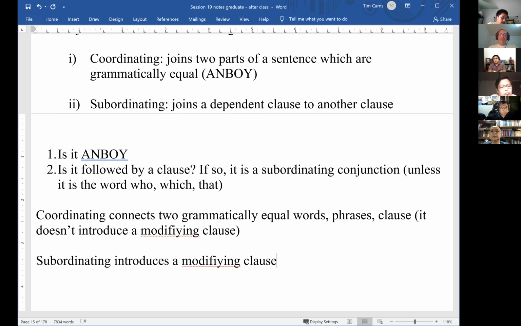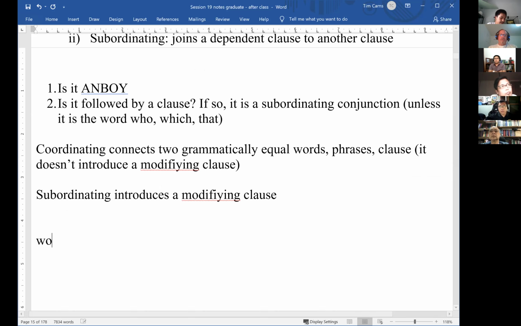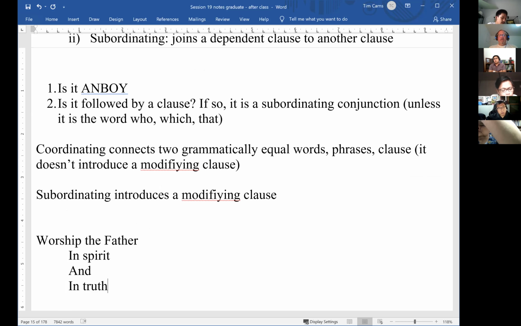So in the diagram, the coordinating is just going to line up the two terms, like worship the Father, and then worship in spirit, and then I have a coordinating and in truth. So this conjunction's not modifying. The phrases modify, but not the conjunction.